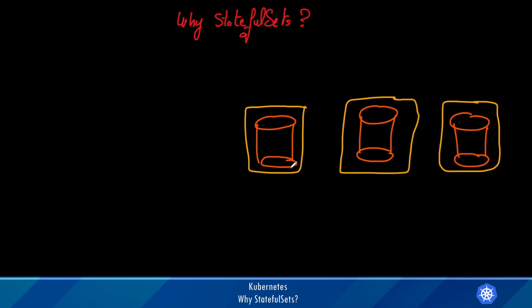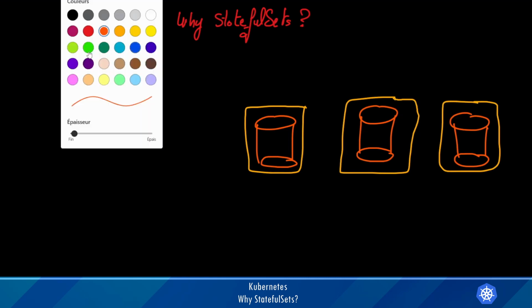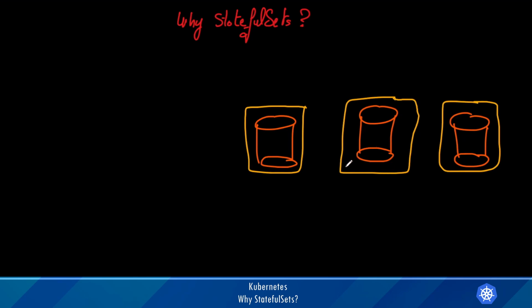Because we have many instances of MySQL, we have to set a topology for those instances. We can, for example, use the single master multi-slaves topology. So we can choose, for example, that this instance will be the master.